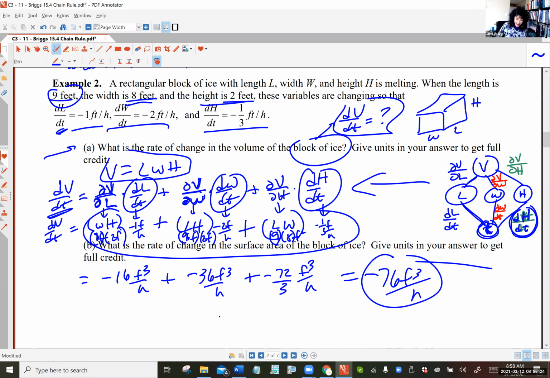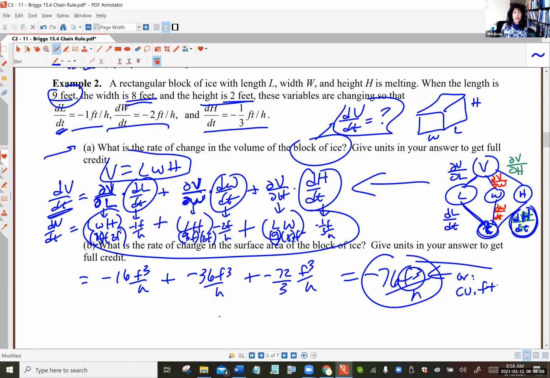Questions? So is that just the notation? The F cubed H? Yeah, well, F cubed is feet cubed. So if you prefer, you could put cubic feet there instead. -76 cubic feet per hour. Your choice. But you better acknowledge the fact that it's feet cubed or cubic feet per hour.